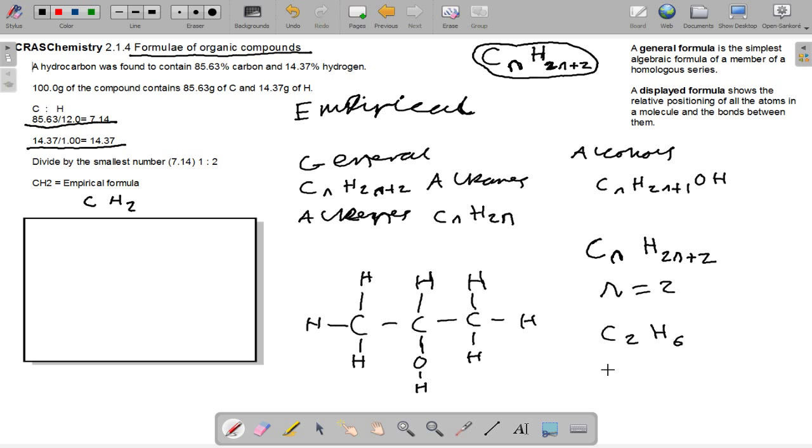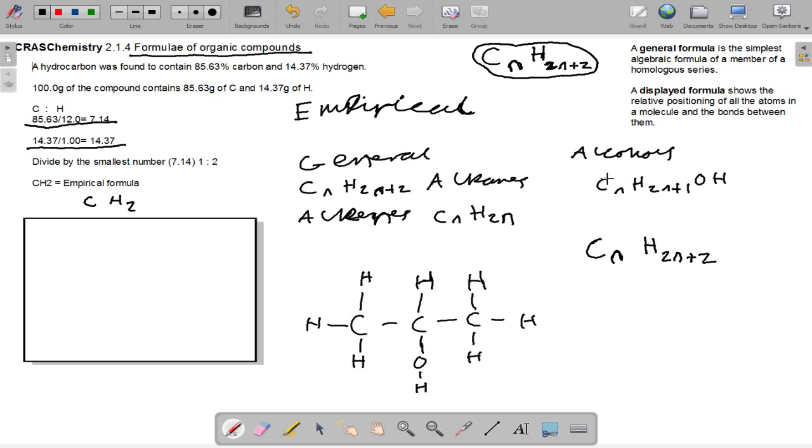And then if we substitute n equals 3, C3H8. And then it keeps going in a uniform pattern, adding 1 carbon atom and 2 hydrogen atoms every time.